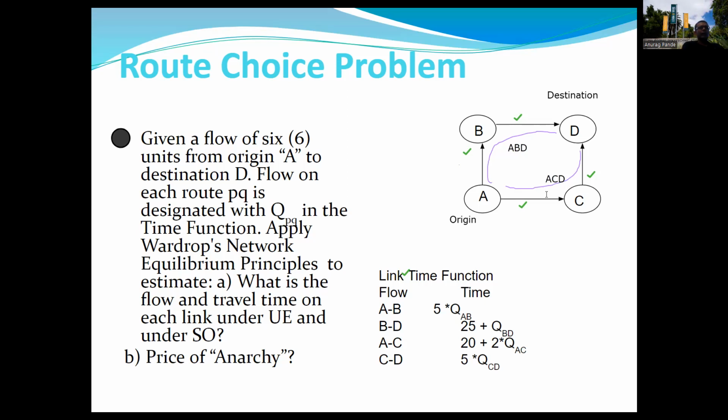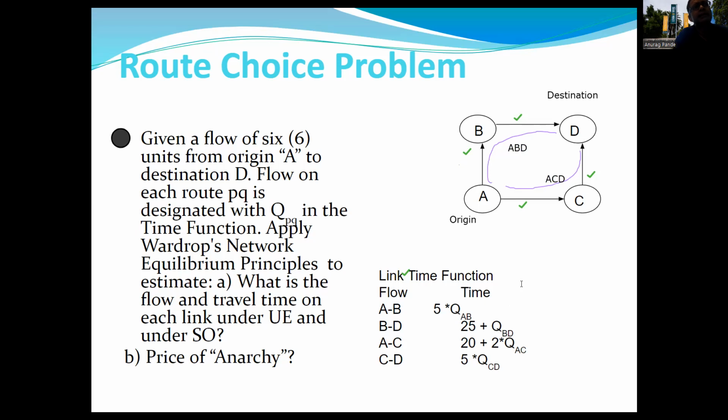Now, for route ABD, I can apply the conservation of flow principle. I have all these QAB and QBD, but I can see a relationship between AB and BD.